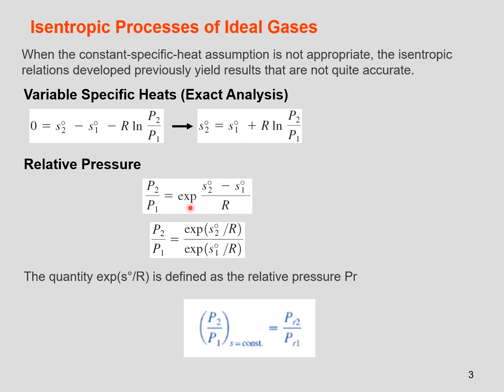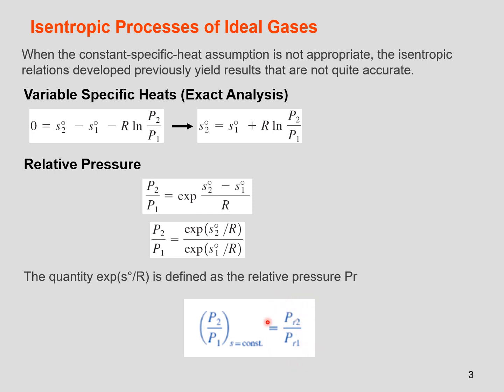This is where you get the exponential, and then we define exp of S2 over R as what's known as the relative pressure. So you end up with P2 over P1, at constant entropy, equal to a relative pressure divided by a relative pressure.